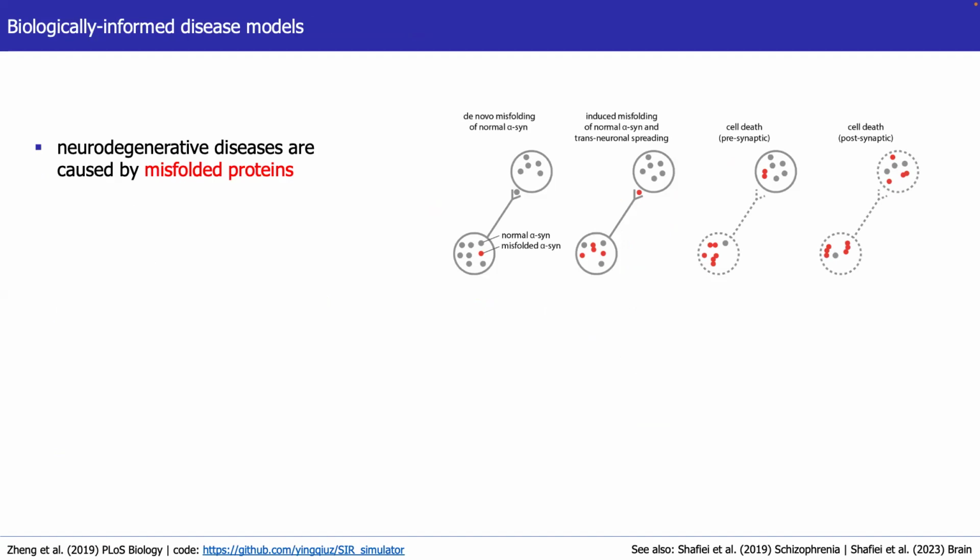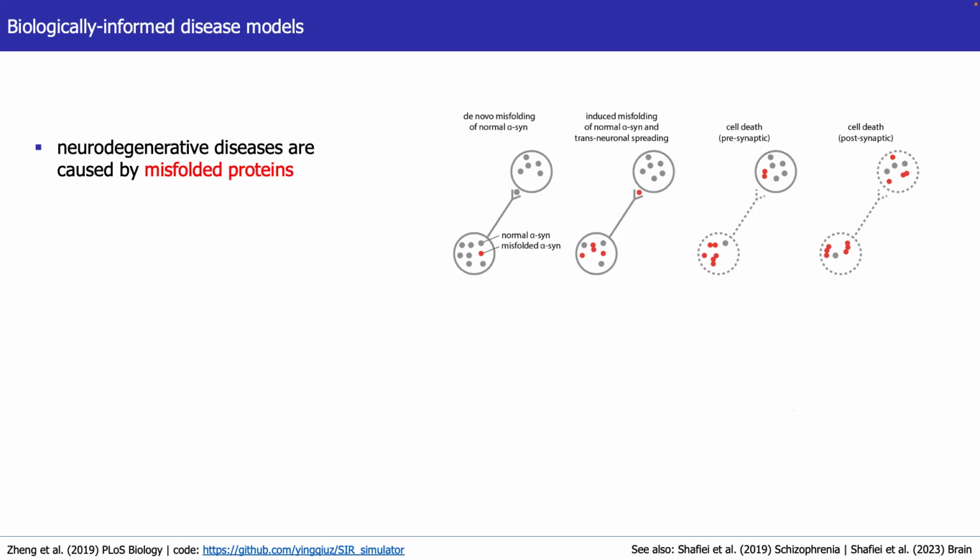We were interested in how misfolded proteins spread on brain networks in different neurodegenerative diseases. And as you know, this is kind of a dominant hypothesis in the field. What we were specifically interested in was Parkinson's disease. And there, the misfolded protein is something called alpha-synuclein.